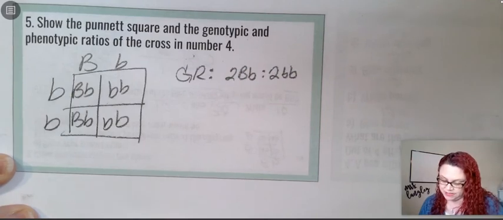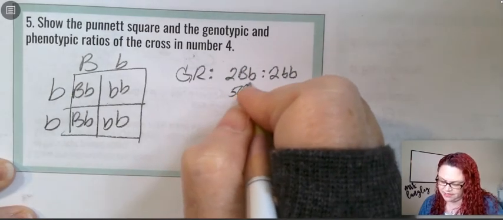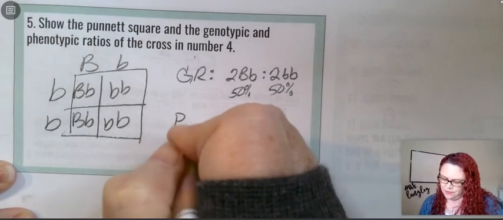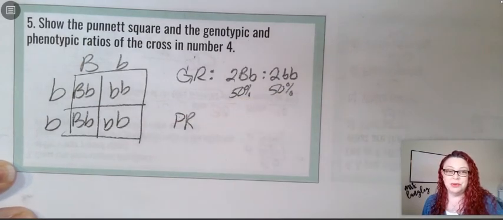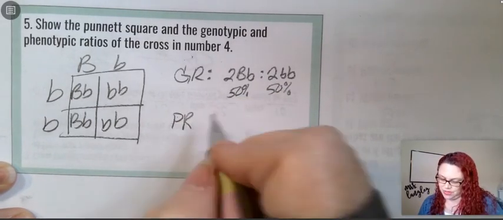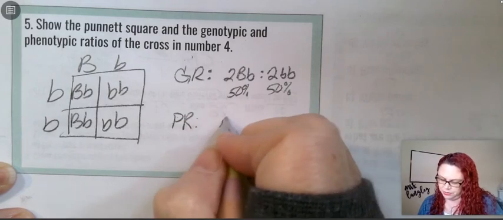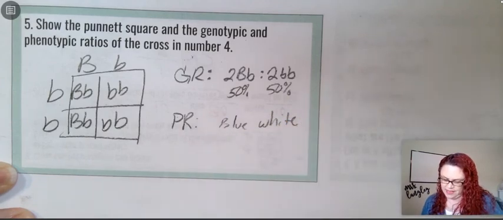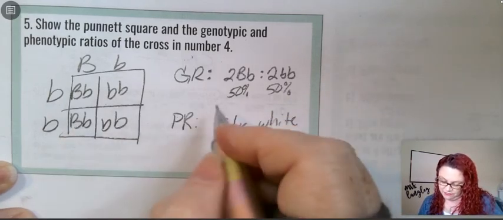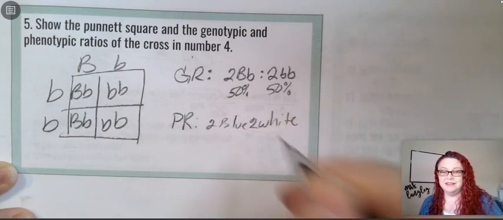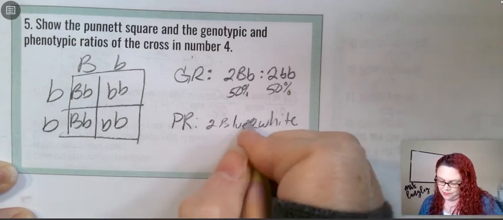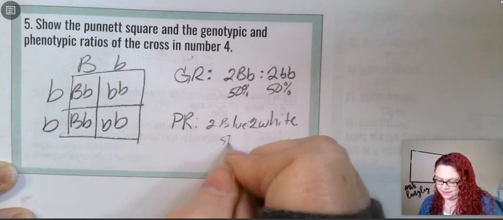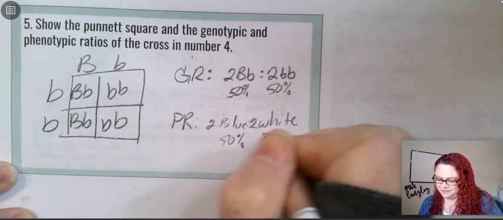If I did those as percentages, it would be 50% and 50%. For my phenotypic ratio, okay, I know that I had blue or white. And I had 2 blue, 2 white. That's also 50% and 50%.